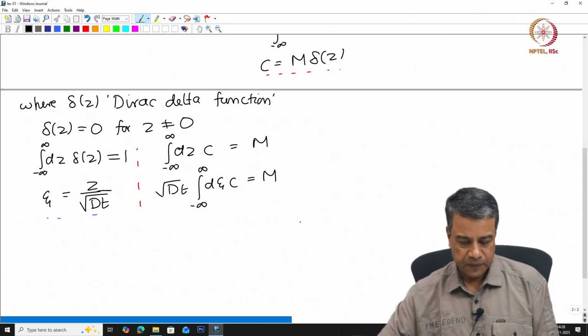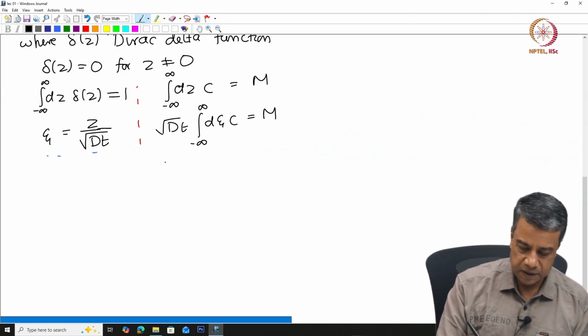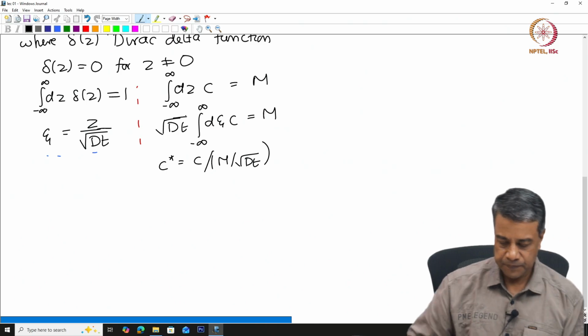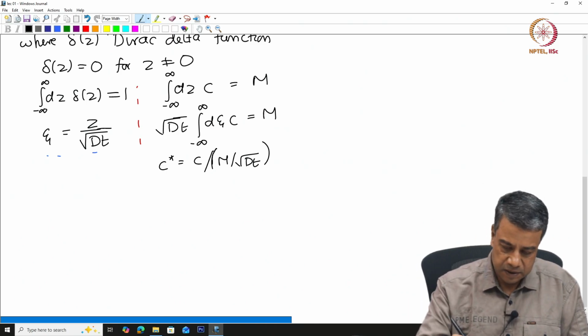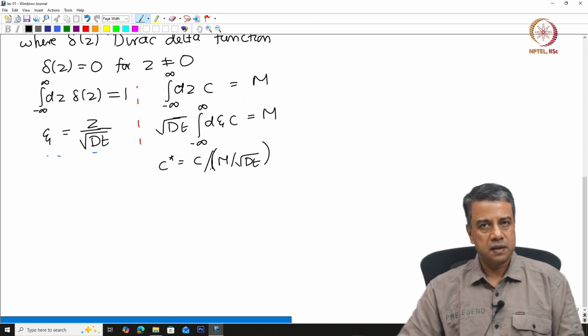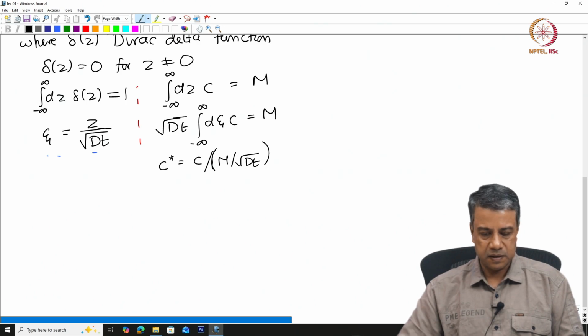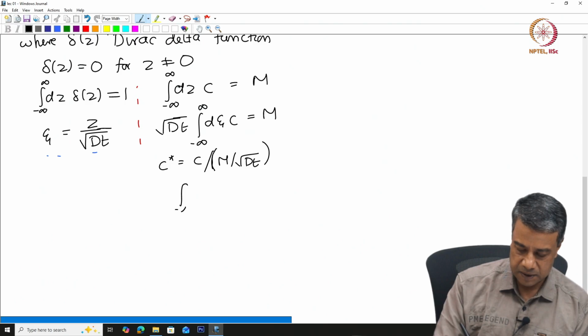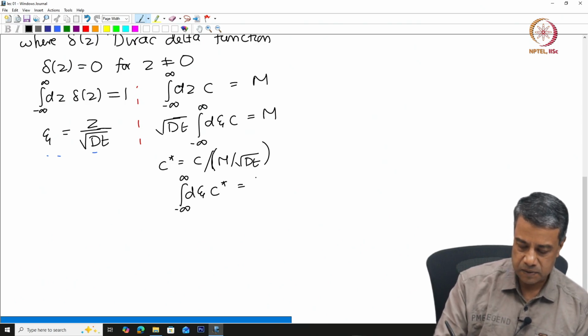Therefore, I can define the scaled concentration as c divided by m by root Dt. M by root Dt is a mass per unit volume, because root Dt has dimensions of length and m is mass per unit area. And if I define it that way, I will get the condition as the integral from minus infinity to infinity d psi c star is equal to 1.